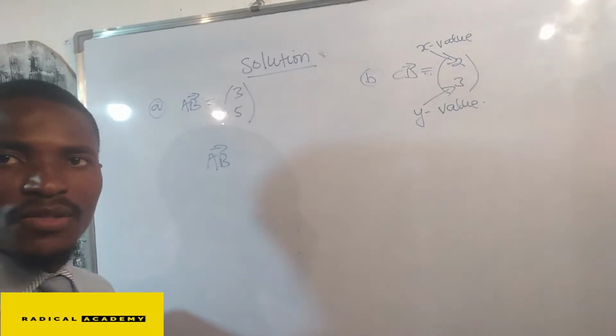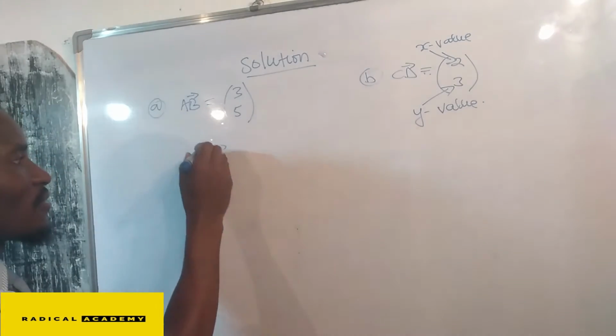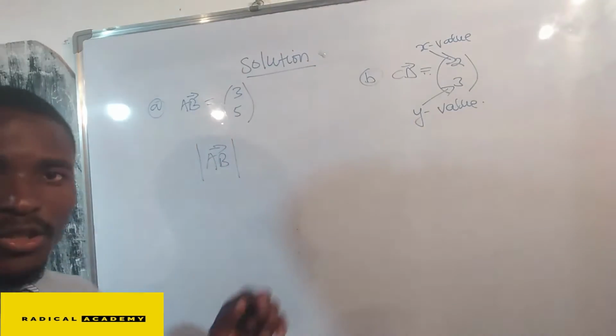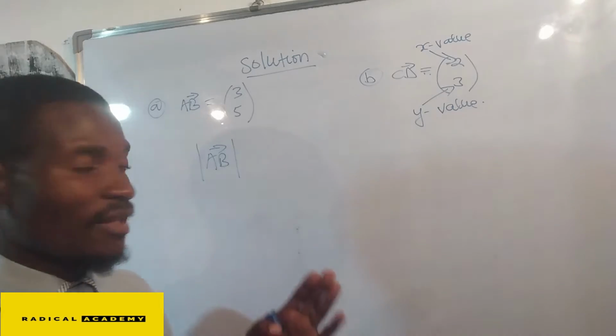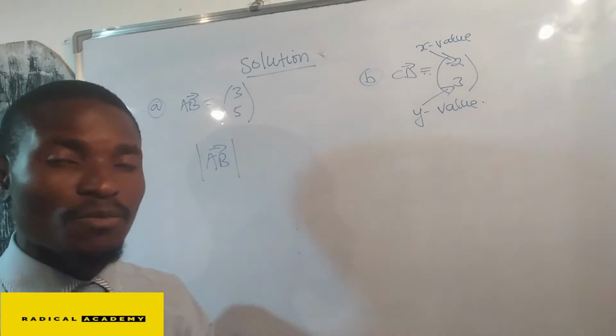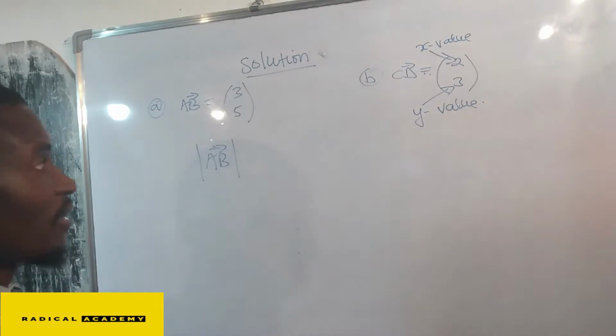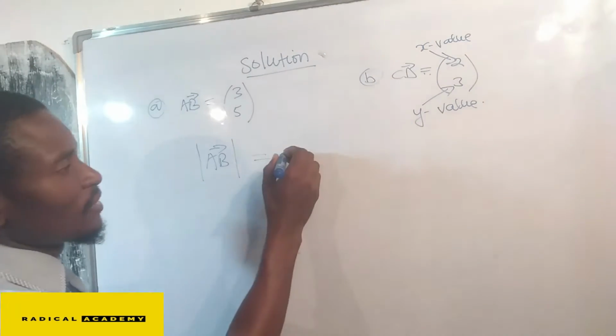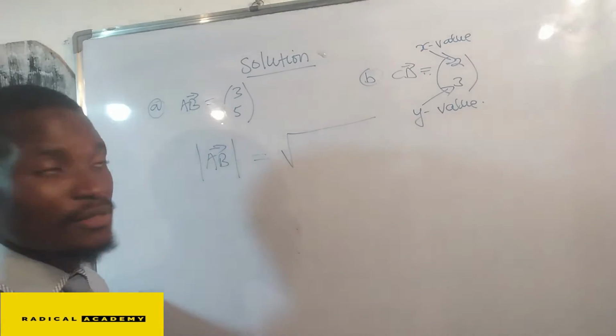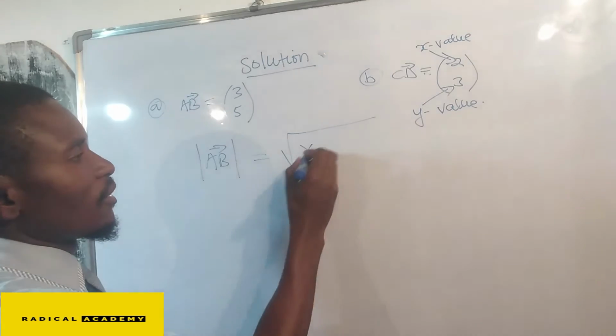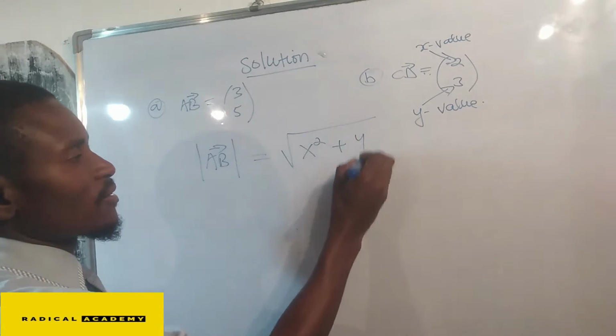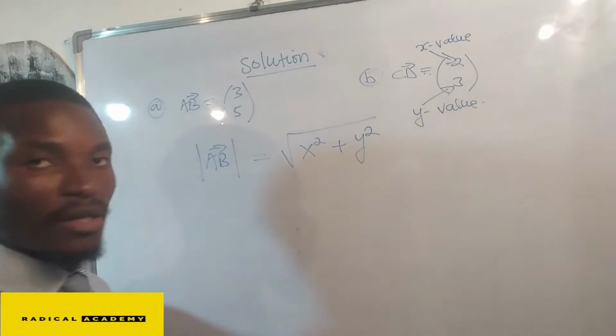Now for the magnitude, all you have to do is make sure you put the parallel lines, and then the actual vector must be put in between the parallel lines. So this is going to be the square root of x squared plus y squared.